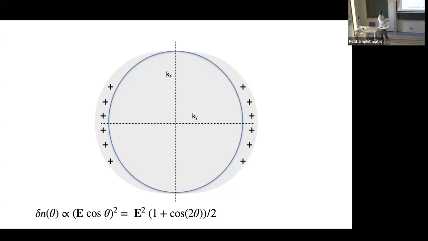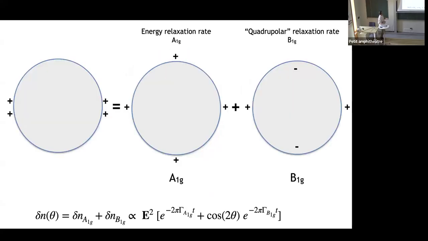Which you can split up into two parts. We'll call it the S wave part, or in a cubic system, you would call it A1G, and then a D wave part. To see how that works, imagine I take a Fermi surface and jiggle it sideways, and that has the consequence of exciting here and exciting there, but it doesn't do anything there and there.